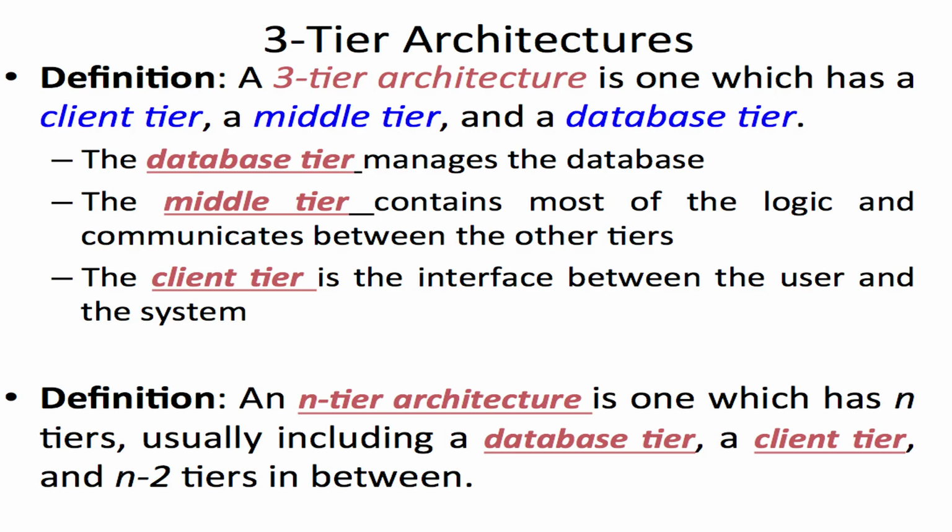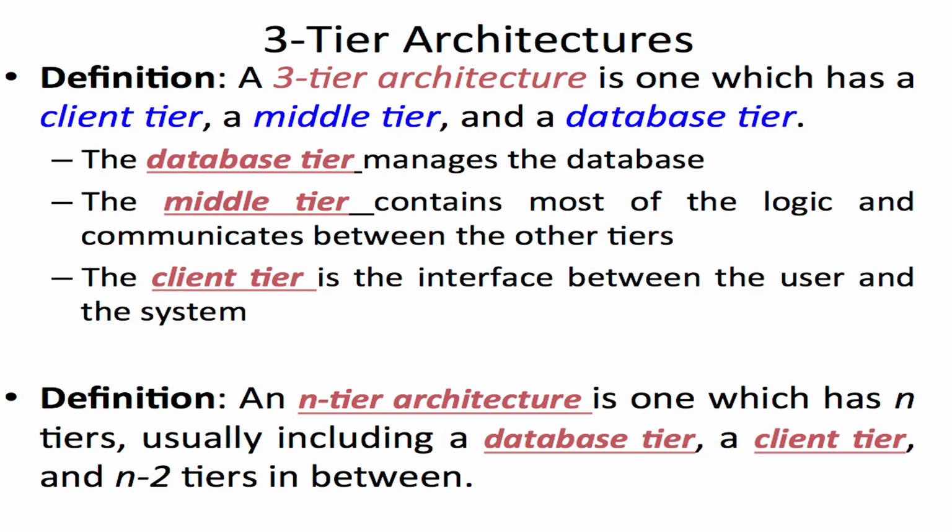The database tier manages all the databases, and the middle tier contains most of the logic and communicates between the other tiers. So this web server is the middle tier. It works as an interface between the web client and the database server, this catalog database, and this order fulfilling server. So this middle tier, tier 2, the web server, is working as an interface.